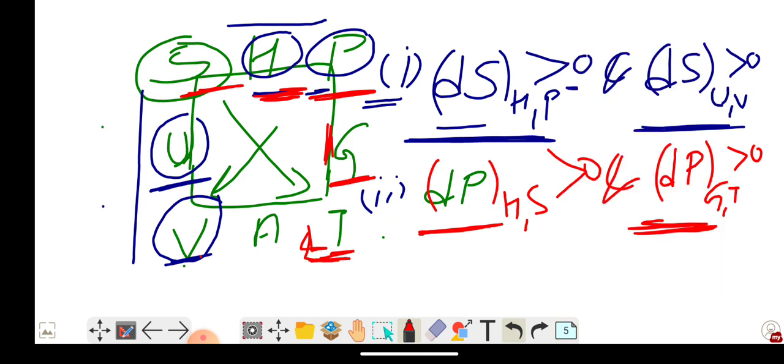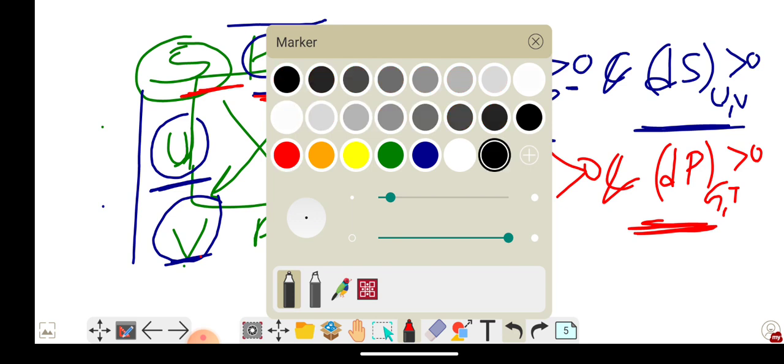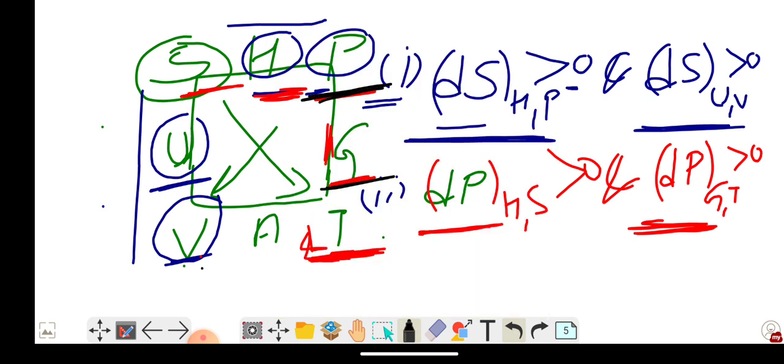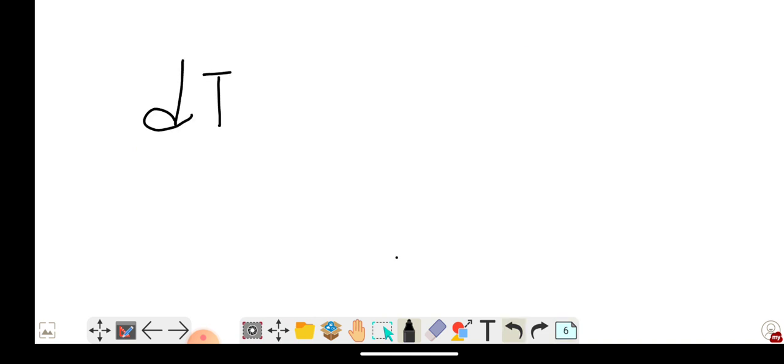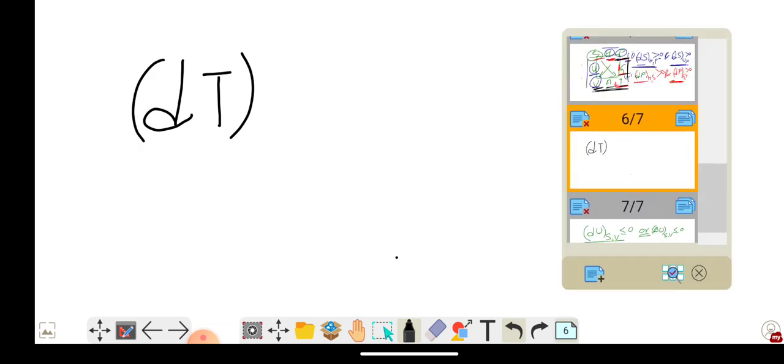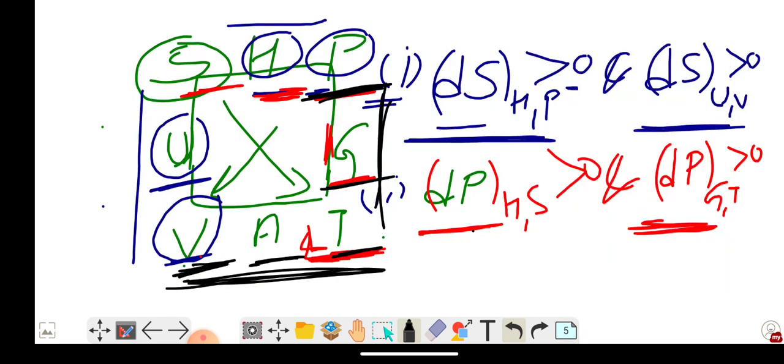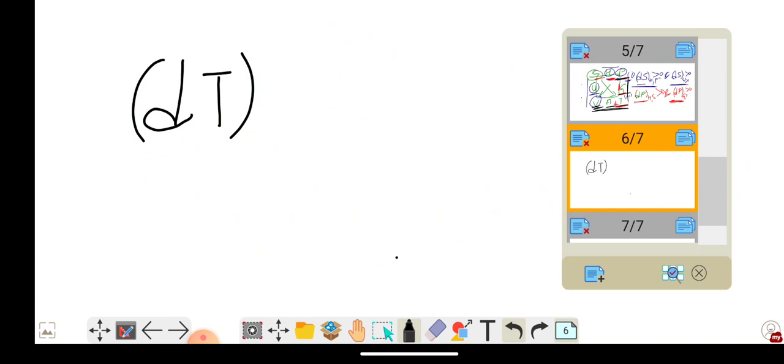Now we have the spontaneity criteria in terms of temperature. G and P are in one line along with temperature, and A and V are in one line along with temperature. So the spontaneity criteria in terms of temperature: dT at constant A and V is less than 0, because in this case we have less than 0.